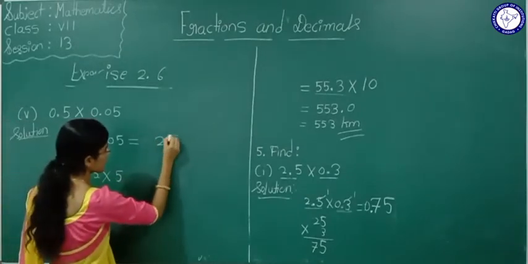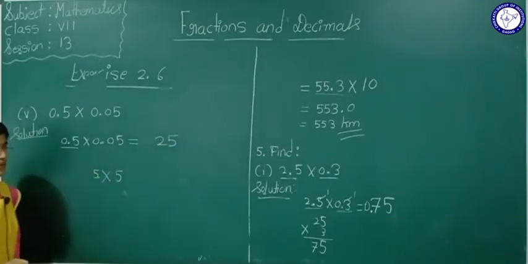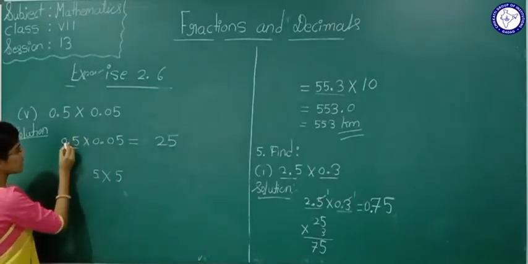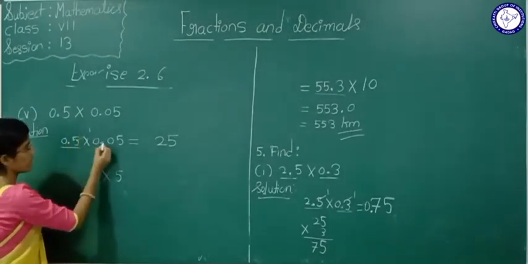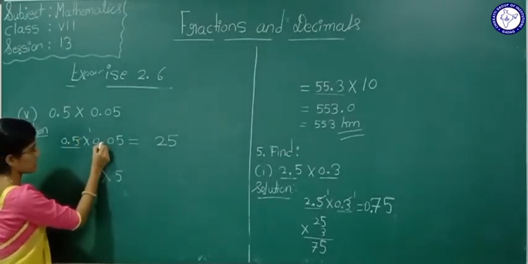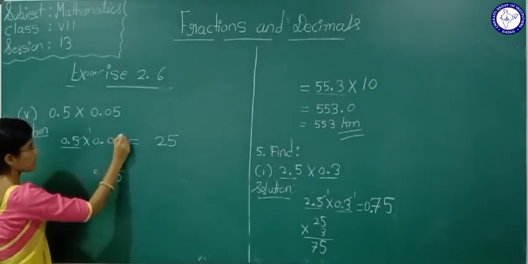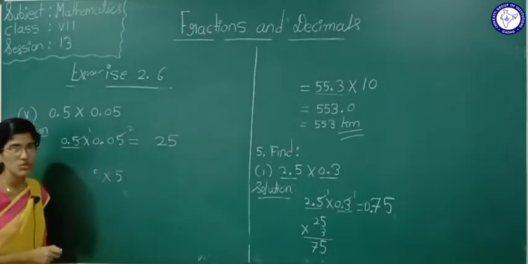5 5s is 25. Now in this decimal number the decimal point is there. After this decimal point, how many digits are there? 1. Here also the decimal point is there. On the right side of this decimal point, how many digits are there? 1, 2. 2 plus 1 is what, students? 3.